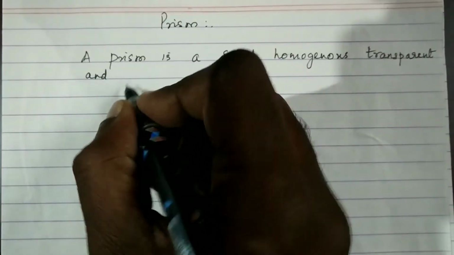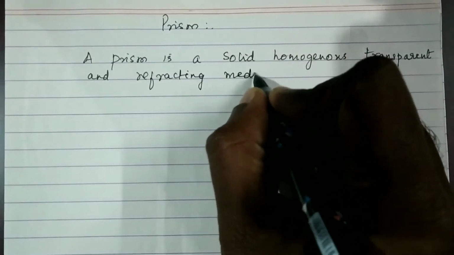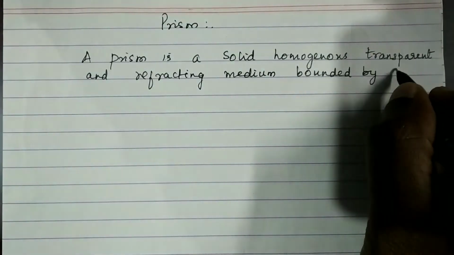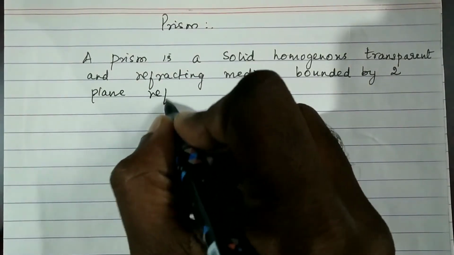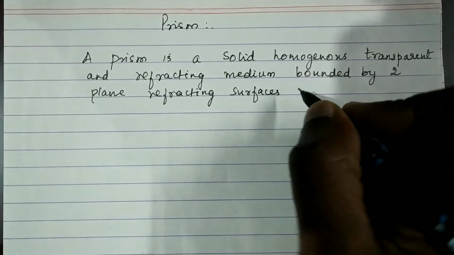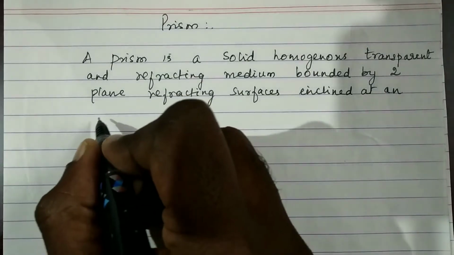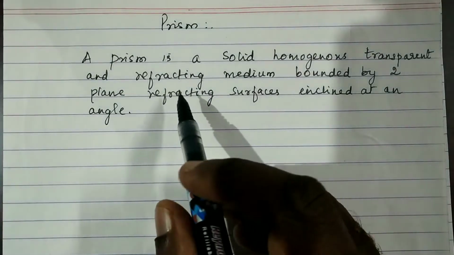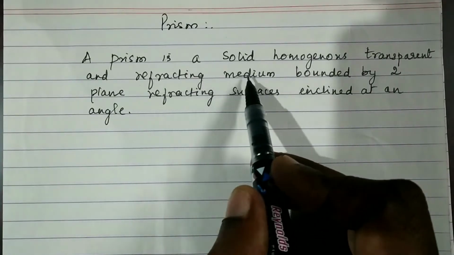And refracting medium bounded by two plane refracting surfaces inclined at an angle. So this is the definition of prism. A prism is a solid, homogeneous, transparent refracting medium.